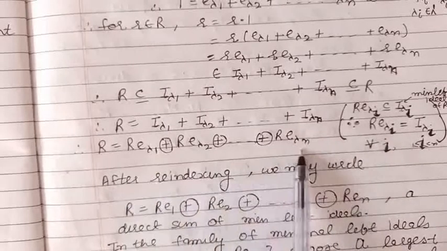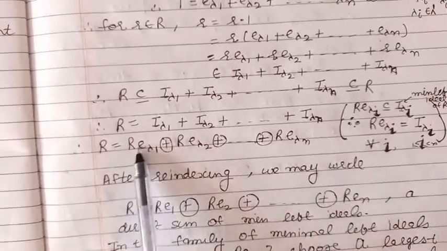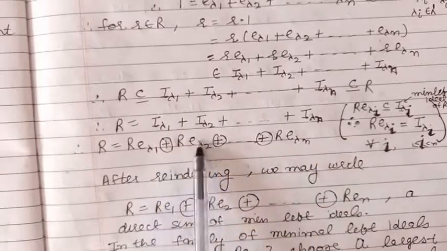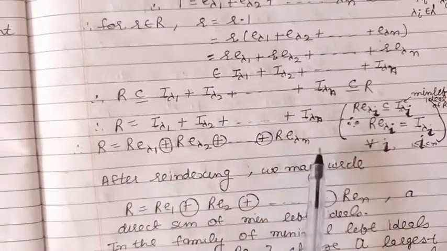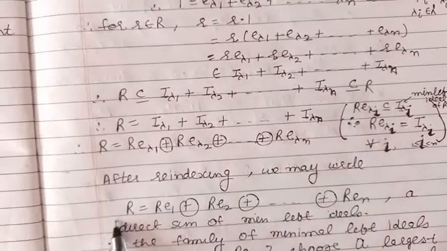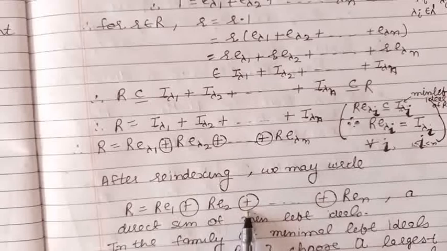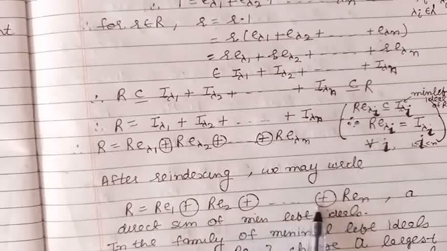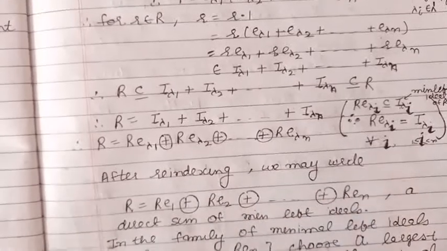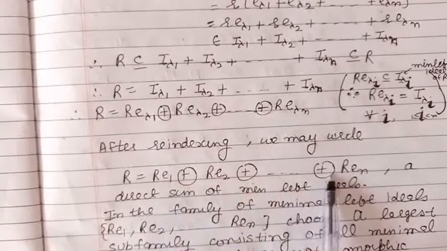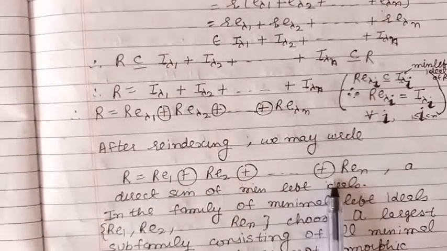So after re-indexing, we can write these suffixes replacing by 1, 2, 3 and so on. So R can be written as R E1 direct sum R E2 direct sum R E3 and so on, last we have taken R En. So R is the direct sum of minimal left ideals.